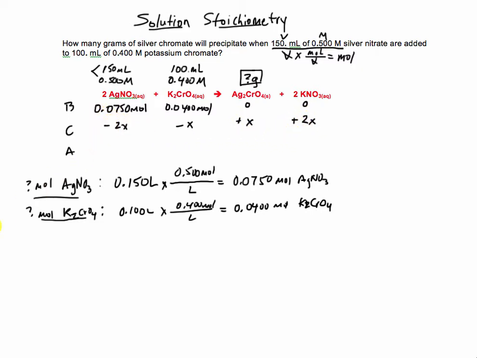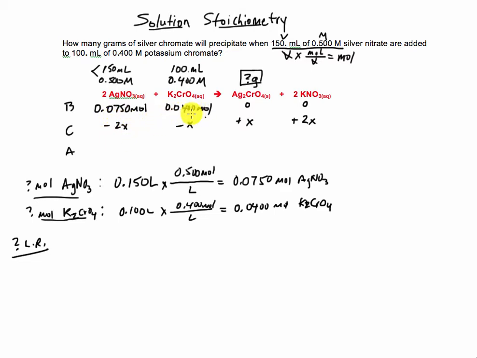Now I'm going to figure out my limiting reactant. We have to figure out which one runs out first. If I look at the moles of silver nitrate versus the moles of potassium chromate, you can clearly see that I have less of the potassium chromate. But don't forget that I use more of the silver nitrate in the reaction.